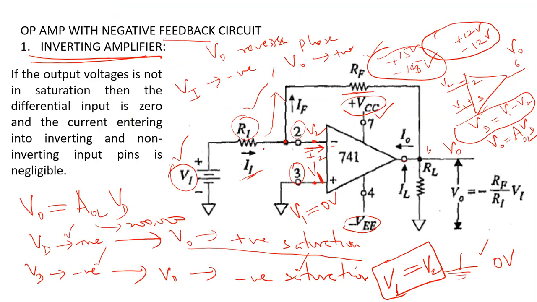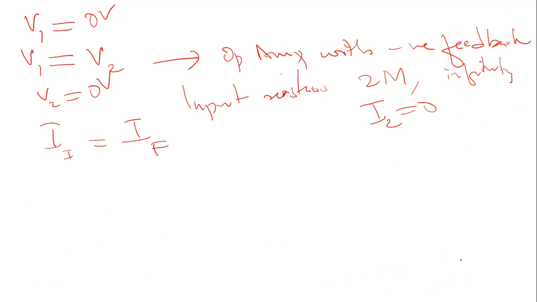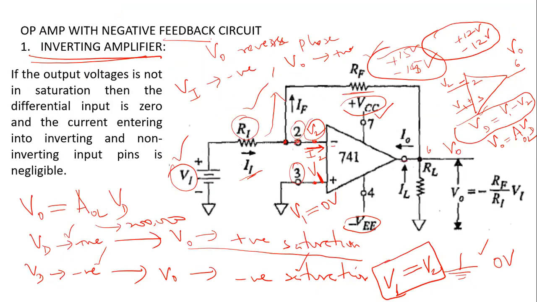Now, what is II here? The voltage at this point is denoted as V2 here. And because of this negative feedback op-amp property, we have already said that V2 is also 0. So what will be the current II expression here? The current II will be the potential difference across this resistor divided by the resistance.